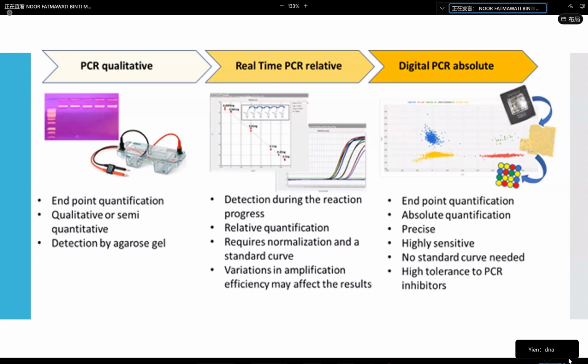Have you heard of it? Yes. One step is you do it without separately converting to cDNA. You just put it in one go and it converts by itself. Two step is in a different tube.